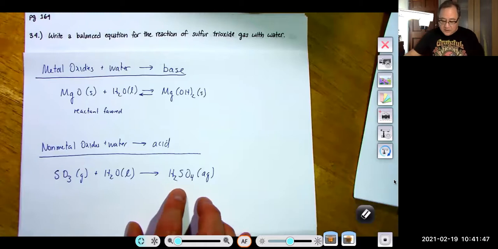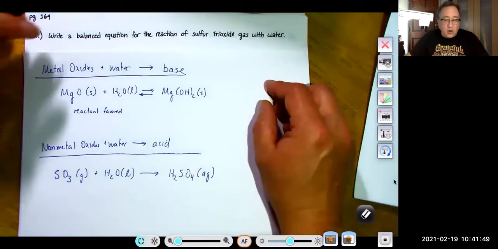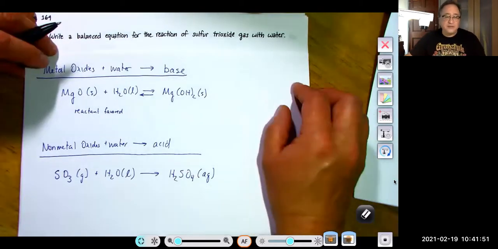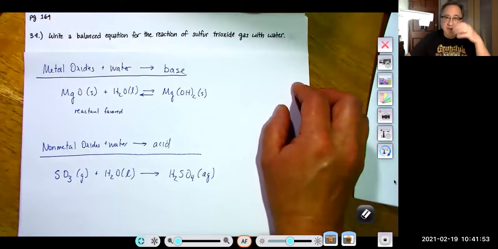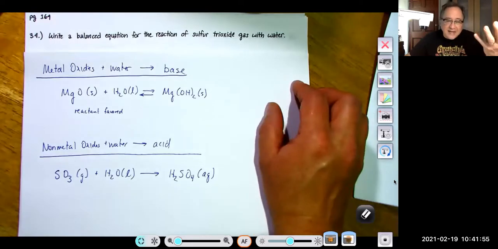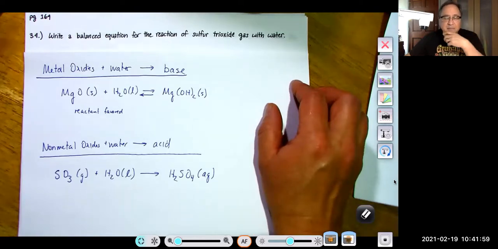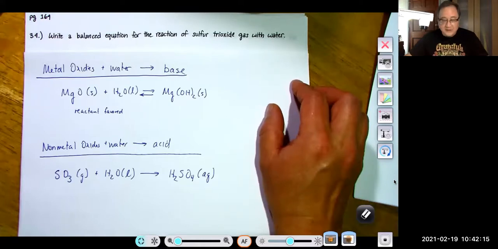If you're burning coal, coal is produced from plants that have been dead for millions of years. And plants are made out of living tissue, which means it has carbon, phosphorus, sulfur, all sorts of nonmetals in there, as well as some metals. So when you burn coal, you're actually going to be burning some sulfur, and so you'll get sulfur trioxide.